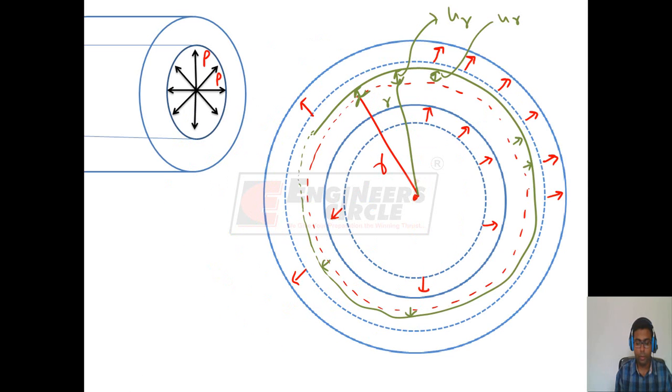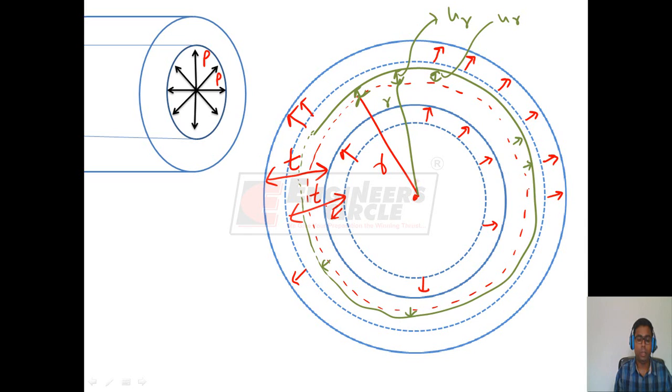If the original thickness was T, then after application of pressure, the thickness still remains T. Though the cylinder material has displaced in the radial direction, its displacement is such that the thickness T remains the same.